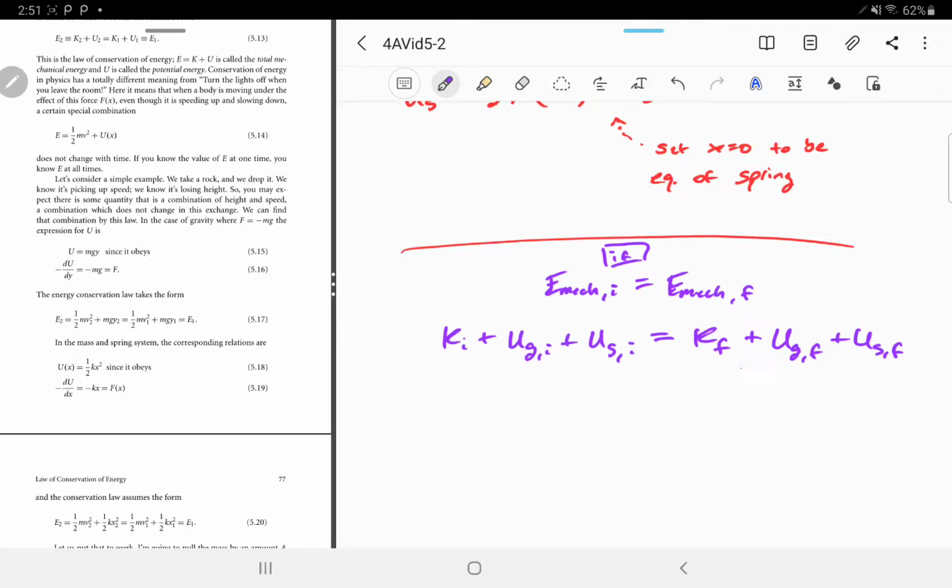Or if you fire it horizontally, it's the kinetic energy that goes up, and it just remains in motion. Actually, if you fire something, the kinetic energy is definitely going to go up first, even if you fire it vertically, but then the kinetic energy goes down and gives its energy to the gravitational. So you just pick any initial moment, any final moment, and energy is conserved. As long as you're keeping track of all the energy, it's the same number on both sides of this equation.